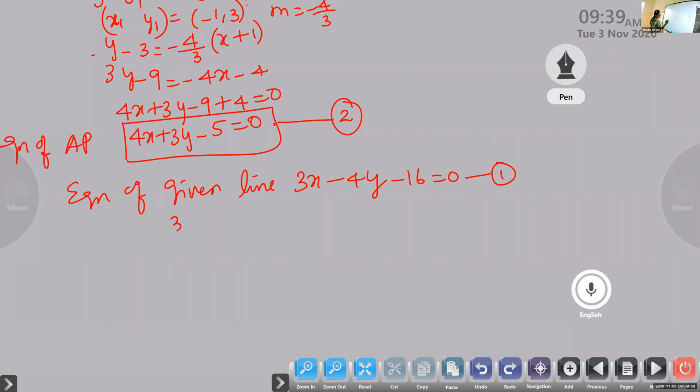The first equation is 3x minus 4y minus 16 is 0. The second equation is 4x plus 3y minus 5 is 0. Solve these two equations and find x and y.